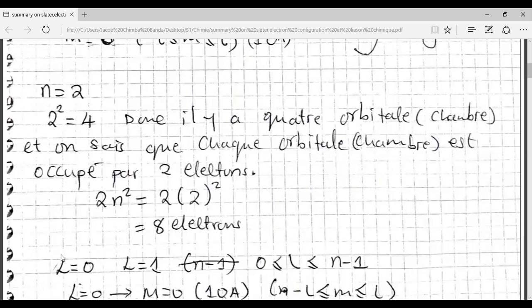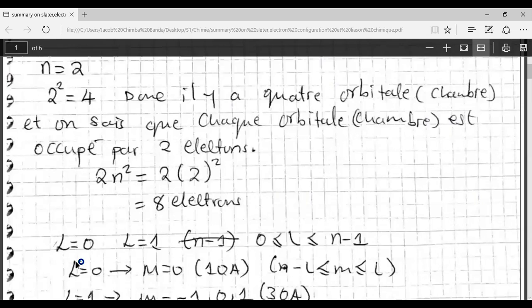So there's nothing different, I'm not adding anything here. They just added some other information which I'm trying to explain to you. So we have 4 rooms, and each room has 2 electrons.